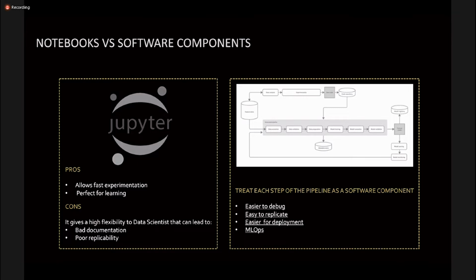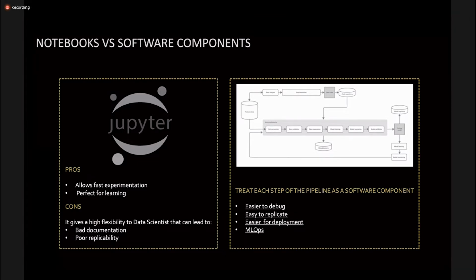Basically, you can build notebooks that only you can understand. You can build functions that only you can understand. And if it's not in your machine, that's not replicable. Why? Because you have installed some libraries that only that specific code in your machine can compile. So that gives you poor replicability, and that's a very, very big issue when you're experimenting.